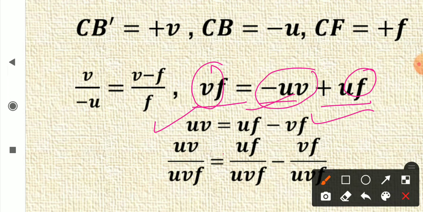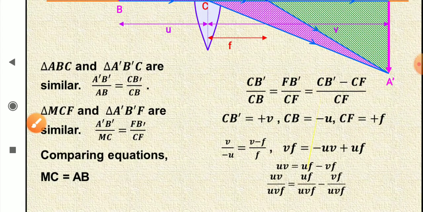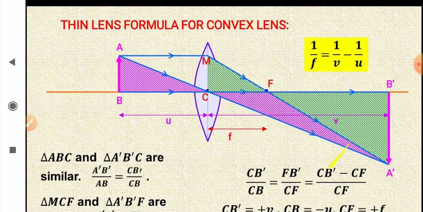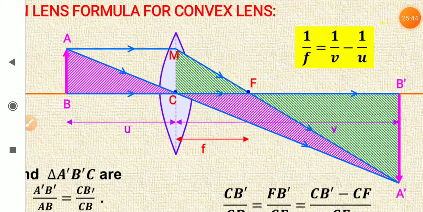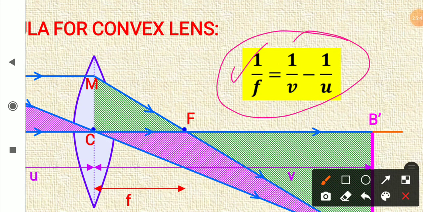On the left side, UV and UV cancel, you are left with 1 upon F. On the right side, UF is cancelled with U and F, and you are left with 1 upon V, and minus VF upon UVF, so VF is cancelled and you are left with only U. So the final lens relation becomes, this is the thin lens formula: 1 upon F is equal to 1 upon V minus 1 upon U.